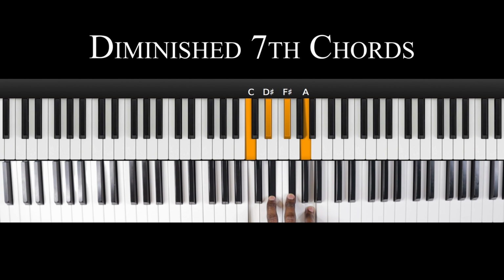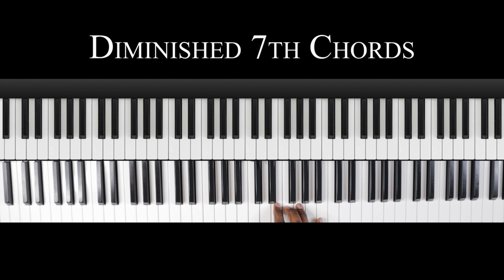So again, if I wanted to form a diminished triad, all I had to do is lower the third and the fifth degree of that scale. So C major triad, C diminished triad.